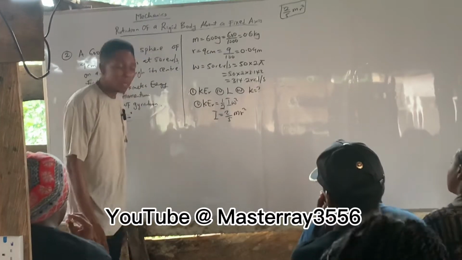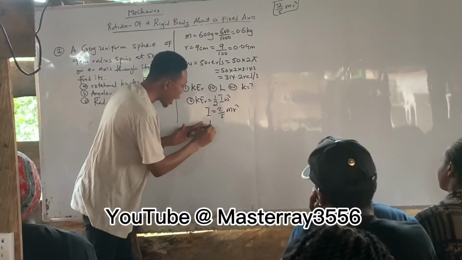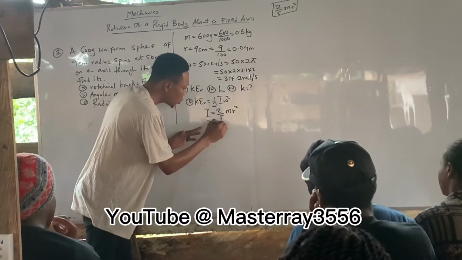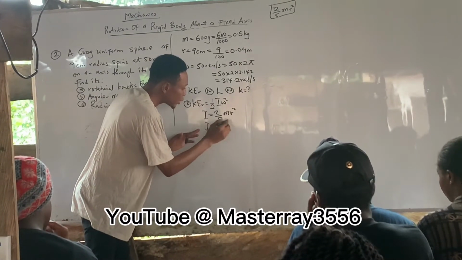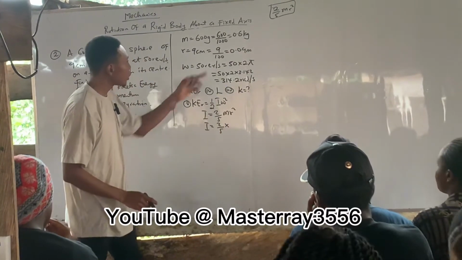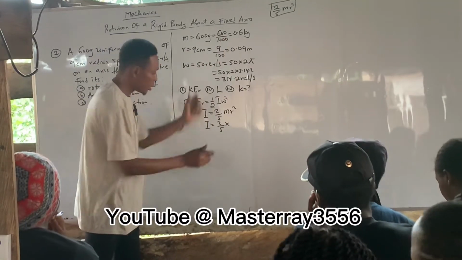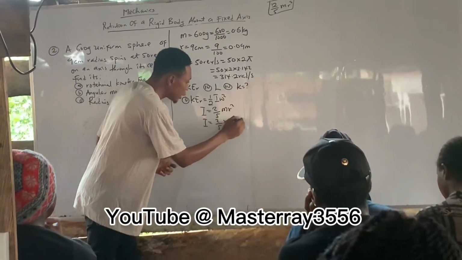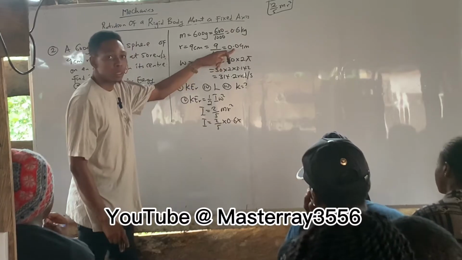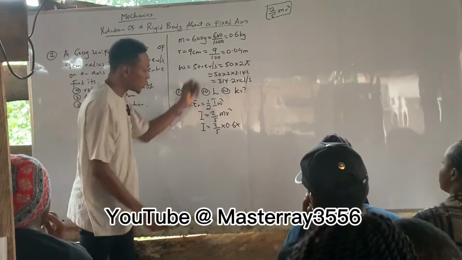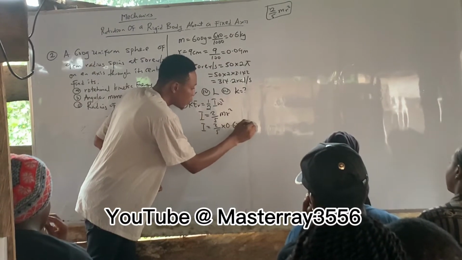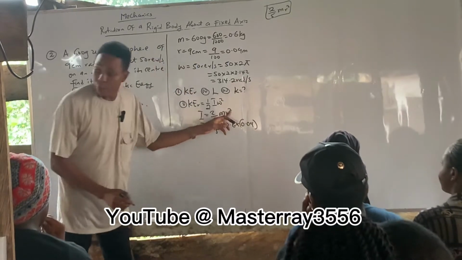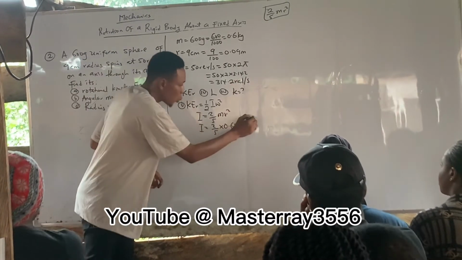Are you following? So from there, our I will be equal to 2 over 5, times what's m? 0.16. Then what's the radius? 0.09. And there is a square there, right? So you square it.